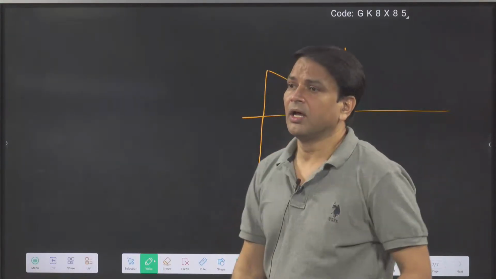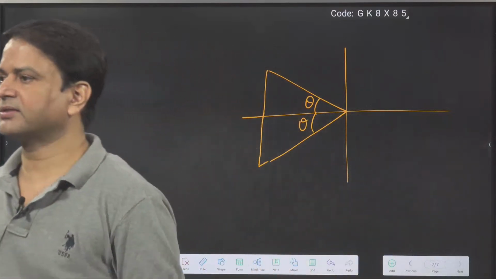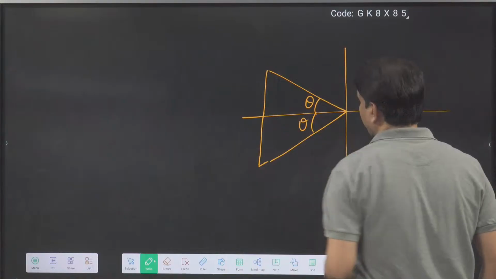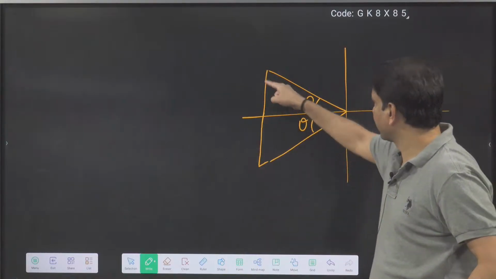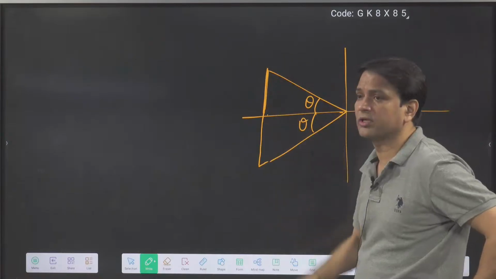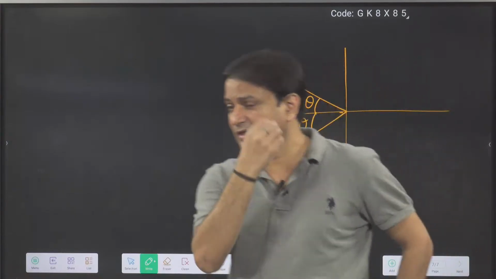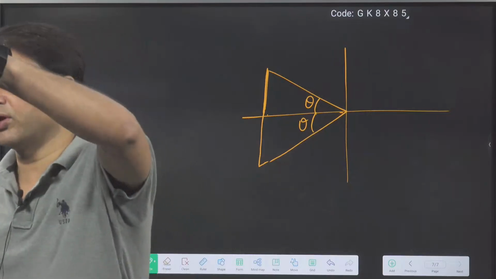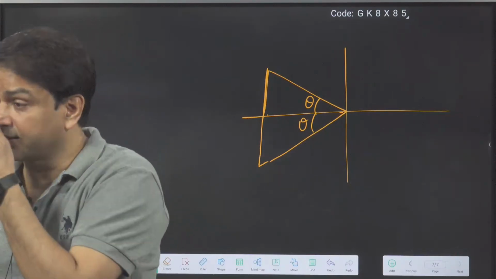Now listen, suppose I am saying sine of 180 minus theta. 180 minus theta means we are taking the second quadrant. Okay. So in the second quadrant you can see the y value is positive, and the x value is negative. So if I am writing sine theta, I will write perpendicular upon hypotenuse. Perpendicular is positive, so I will get sine theta positive.